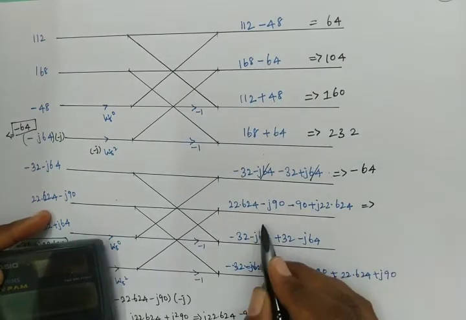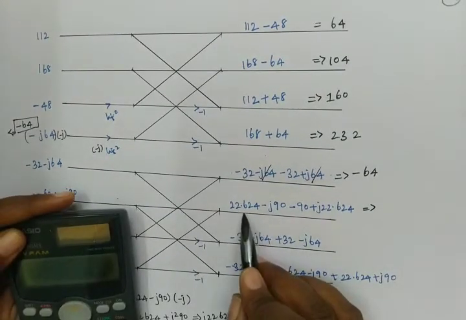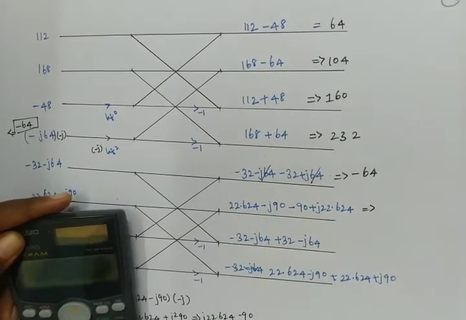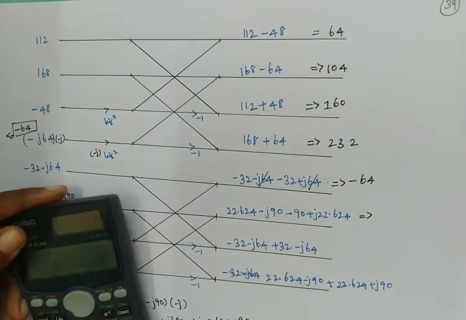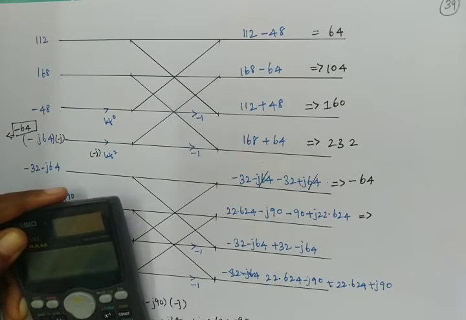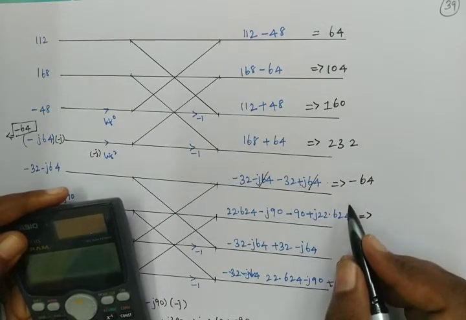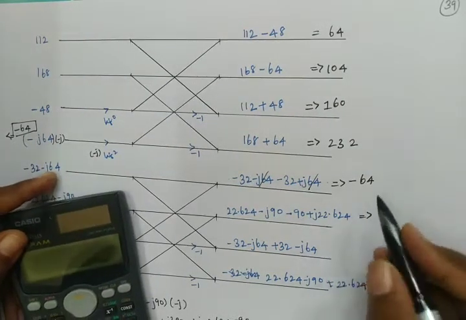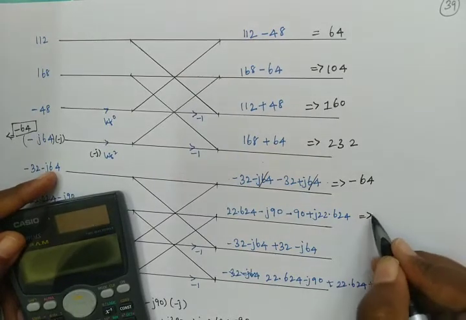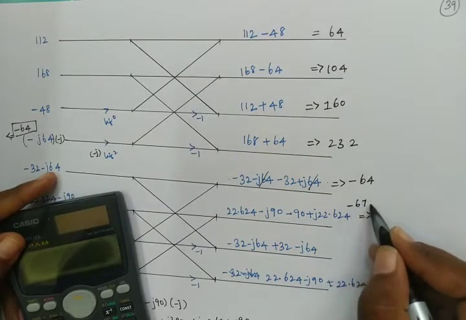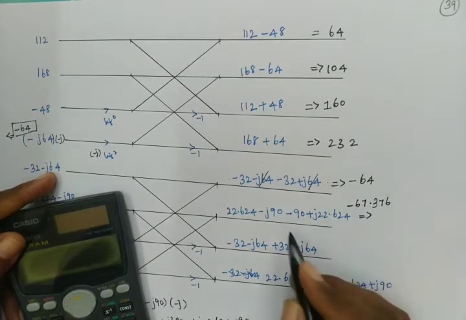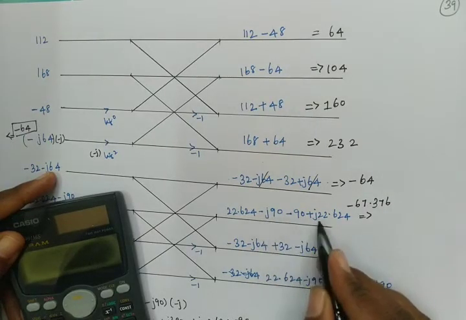Now we have to check here. 90 minus 22.624 is 67.376, that is minus 67.376. Then the next one is here we have minus, here we have plus.